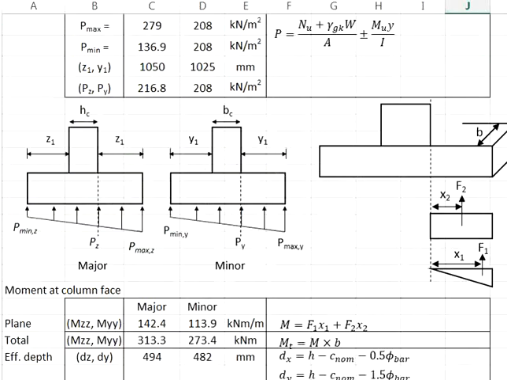Because of this, you're going to expect the soil pressure, instead of being equally distributed throughout the contact surface area, to now behave like a trapezoidal force.